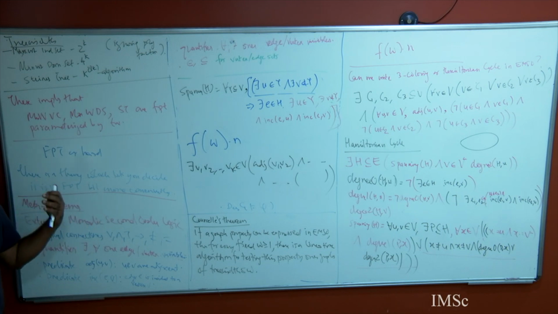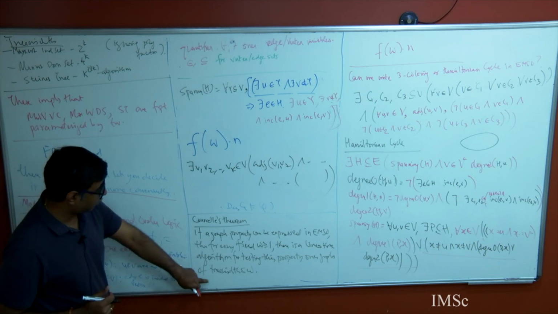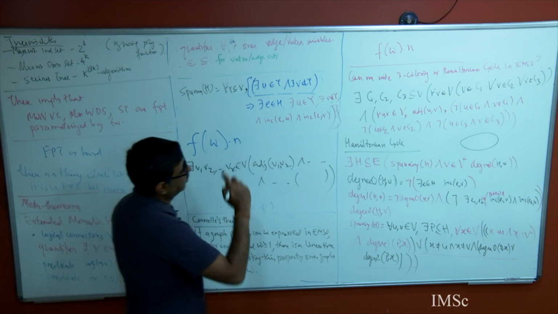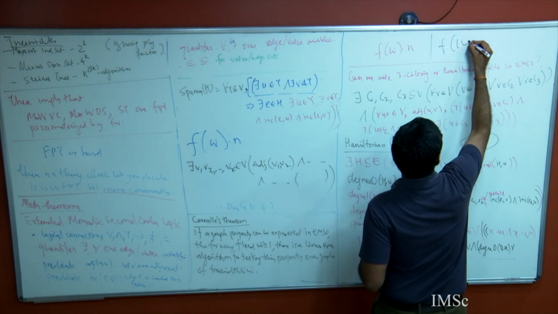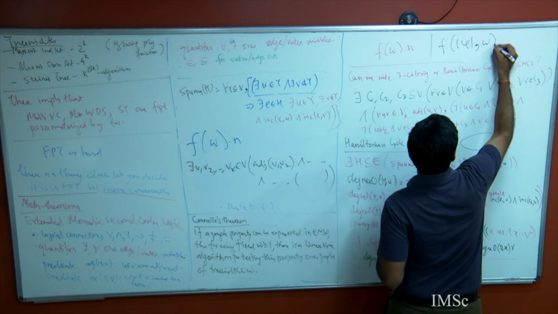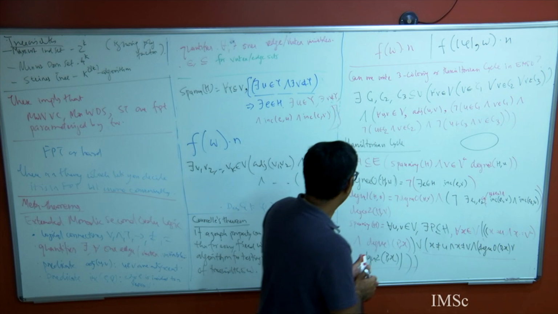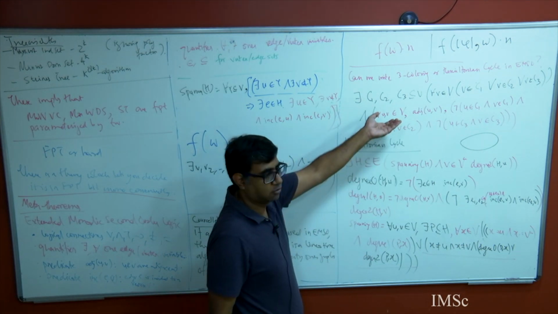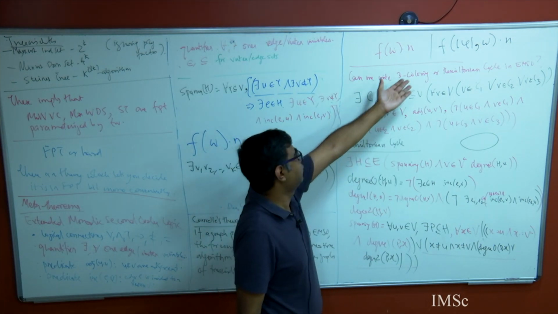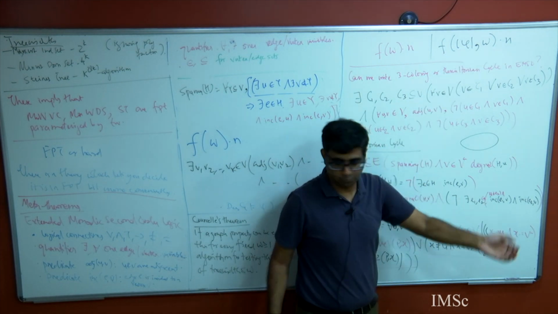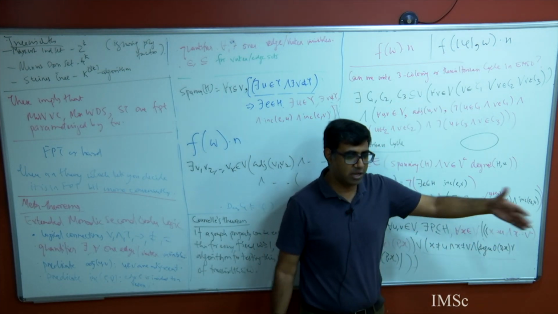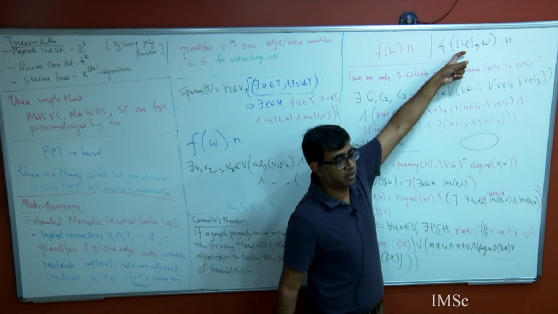So actually the running time of this algorithm is not f of W times n, actually this is f of size of the formula times W times n. If I can express it by a single formula, then this is a constant, so you just ignore it. But if the length of the formula starts depending on k, then k will start appearing here.